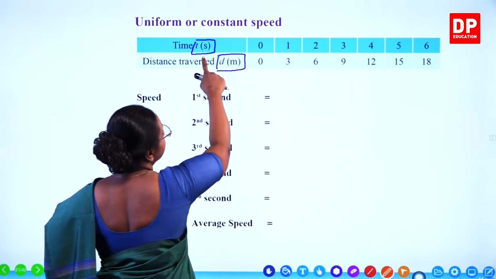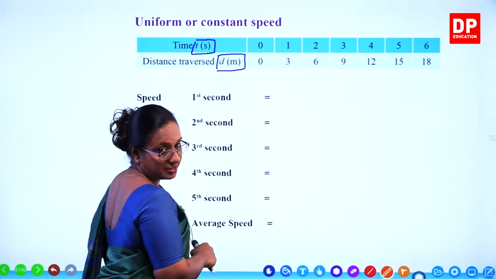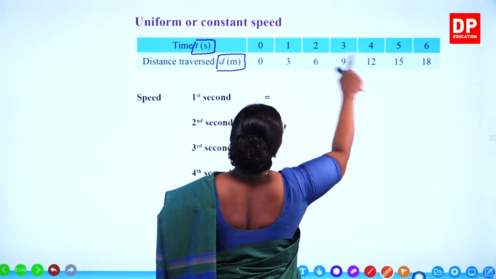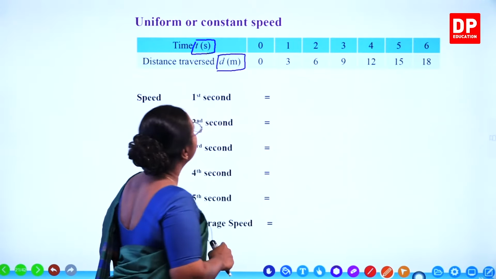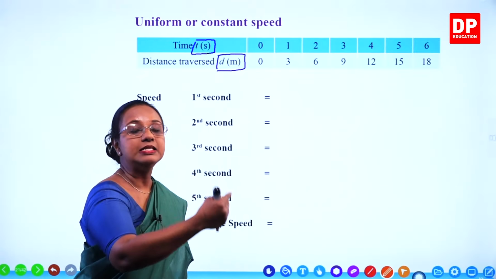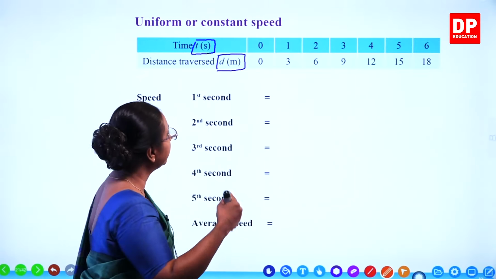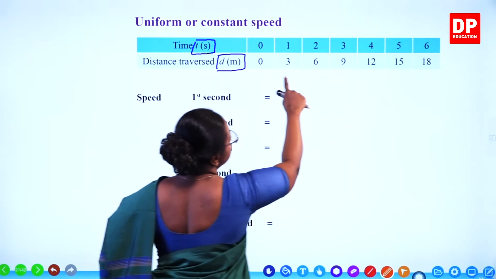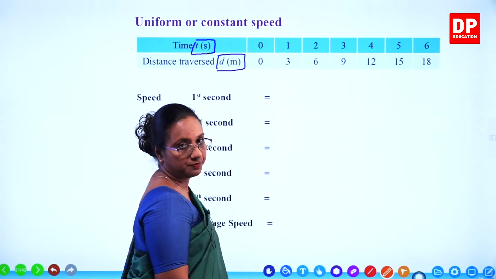But always time is started at 0. Then you can see the time duration is increasing by 1 second. The same time interval changes by 1 second. But the distance traversed is changing gradually.